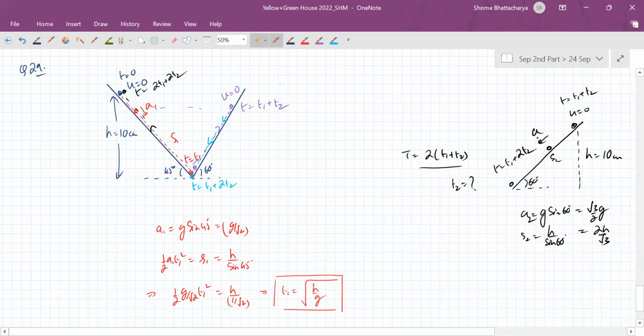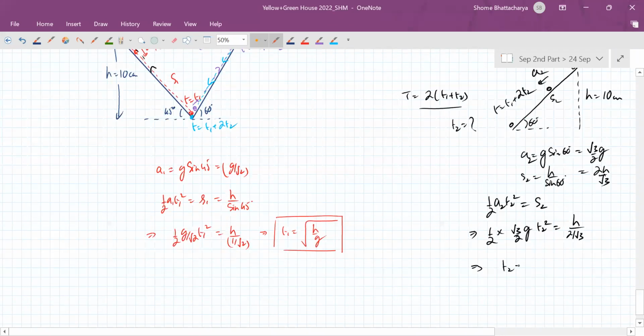So again, half a2 t2 square is equal to s2. So half of root 3 by 2 g t2 square is equal to 2h by root 3.